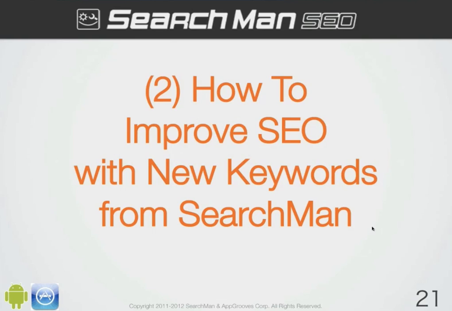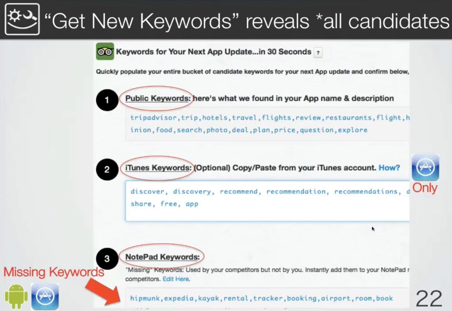The first thing you do is go to the section called Get New Keywords. Here we take essentially all of your candidate keywords and expand the bucket of potential keywords. There are a bunch of different candidates. One is the keywords that we found in your public app name and descriptions. The second is the secret iTunes keywords that you would have submitted to Apple.